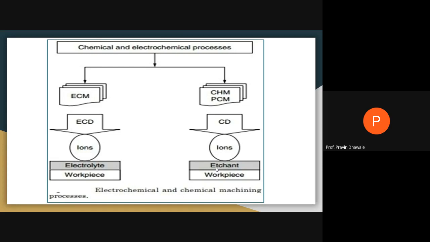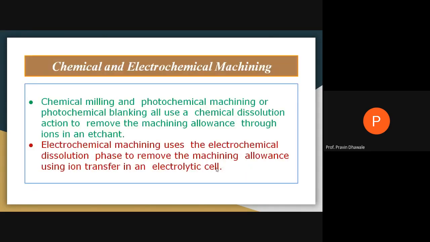Okay. This will be the short description for this slide. In chemical milling or photochemical machining, we use the chemical dissolution action to remove the material from the workpiece by using ions.